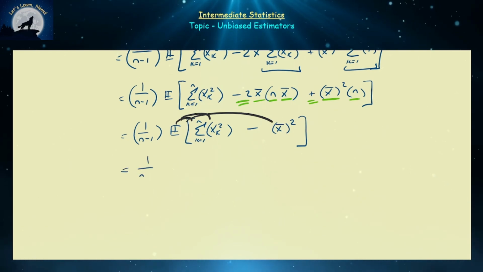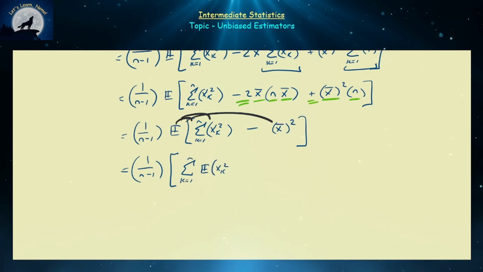So we're going to have 1 over n minus 1. Expectation can distribute inside of the summation, so we're going to write the sum from k equal to 1 to n of the expectation of xk squared, and then minus n times the expectation of x bar squared.